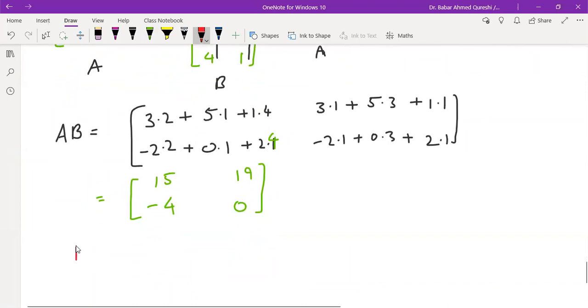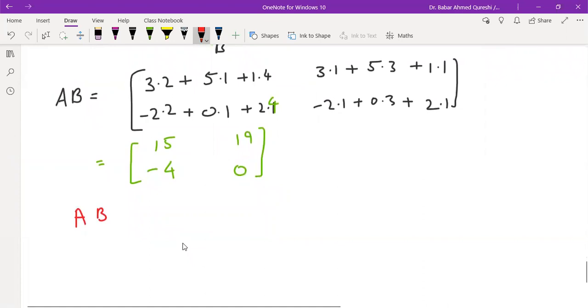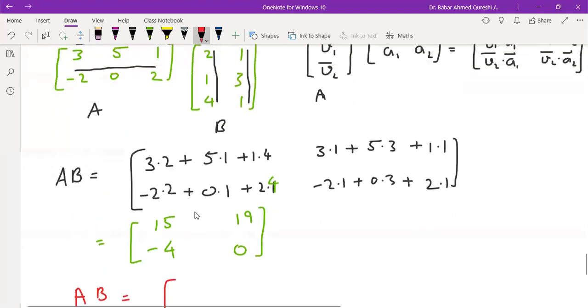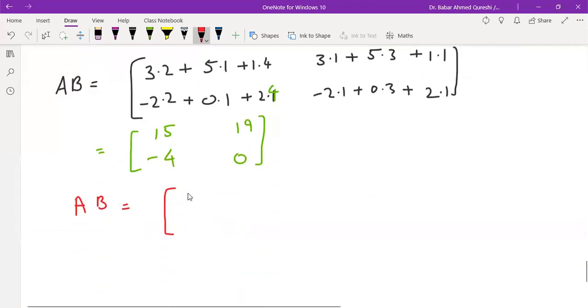Now, I'm going to think of these because I had another way of multiplying a matrix with some vectors. So this time, I even think of A as composed of some column vectors.